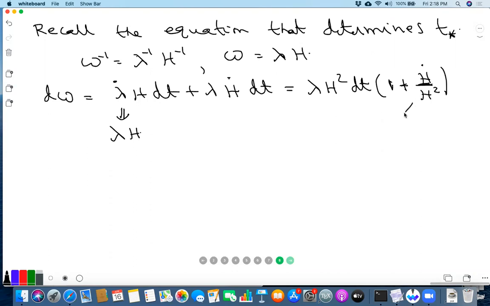But this is small. This is small because we have already assumed slow roll condition, which means the change in h over 1 Hubble time is small compared to h. That's exactly this. So this is in fact part of the slow roll condition, that this remains small. So I can just approximate it by lambda h square dt.